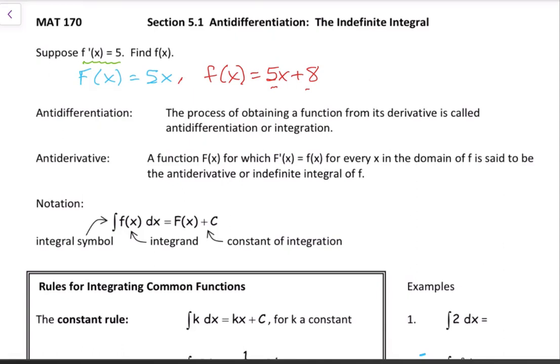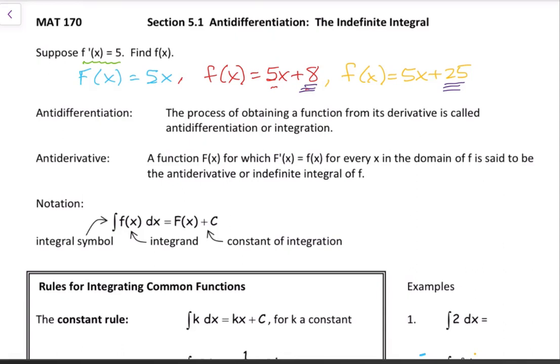So if I try to do one more, I could say f of x is equal to 5x plus 25. That would also be a function whose derivative is equal to 5. So you kind of get the idea that the part that gives me the 5 is that term 5x. But if I add any constant onto that term 5x, I'll have a totally different function, but I will still have a derivative of 5.